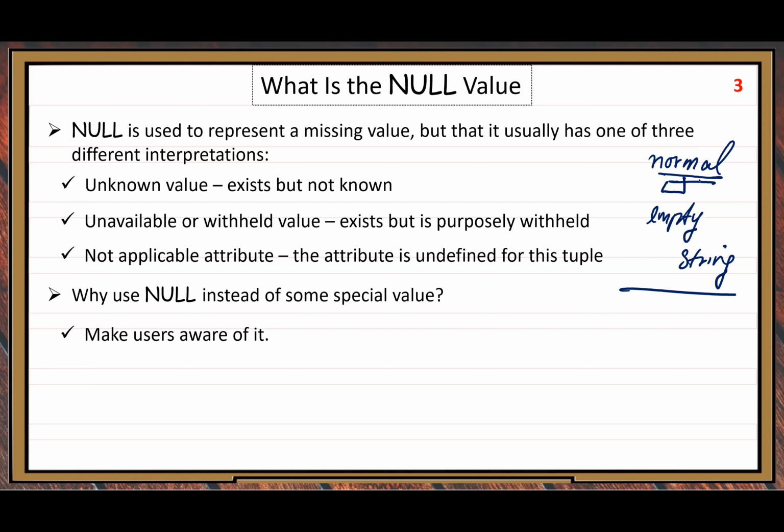One purpose of using the null value is that it is so different from normal values, it will cause different behavior in your SQL query. So it would make you aware of it. When you do the query, the behavior of this piece of data is quite different from the normal data values.